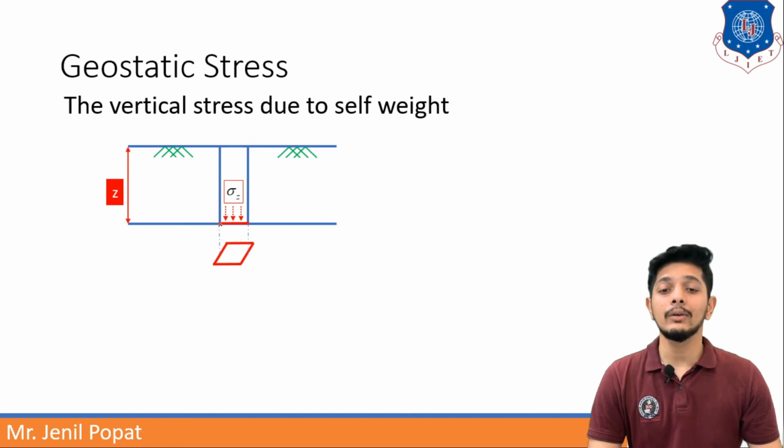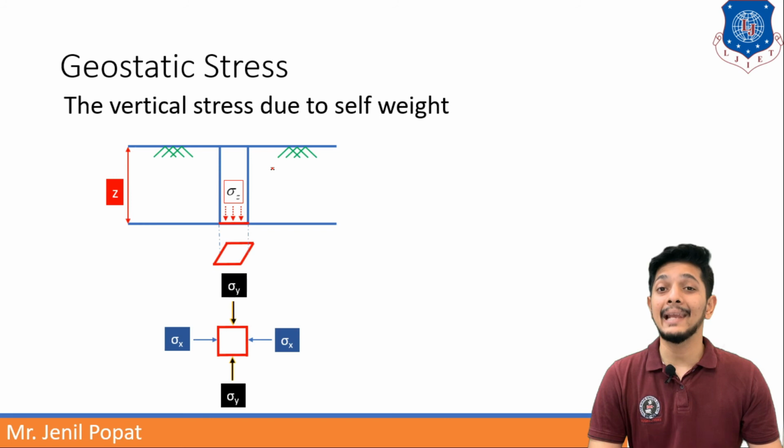Now, if I want to find out the stresses at this plane, which is at Z depth, the stress induced there will be sigma Z. I am calling the vertical stress sigma Z. If I analyze it in plan, there will be horizontal stresses like sigma x and sigma y. So load will be acting in all three axes. Actually, on the field, load will be acting in all axes.